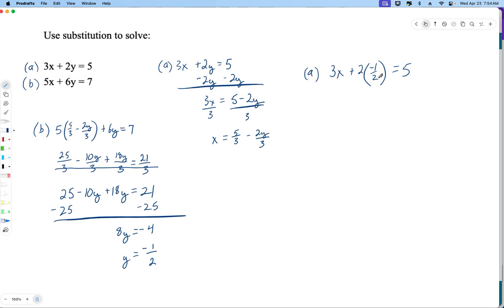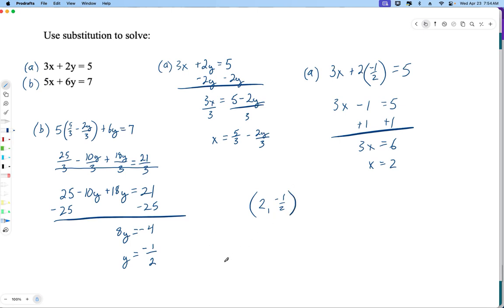It's going to be a lot easier to solve it as a whole number with a fraction. So 3x, and I've got 2 times negative 1. It's going to be negative 2 divided by 2, so it's going to be a negative 1 is equal to 5. So adding 1 to both sides, 3x is equal to 6, x is equal to 2. So my solution is 2 and negative 1/2.